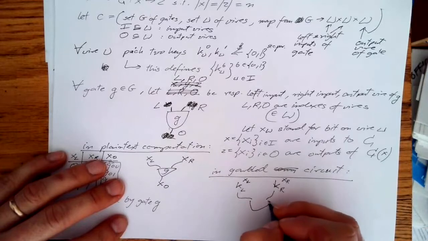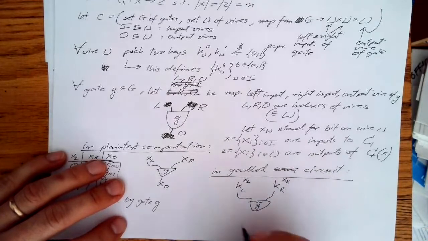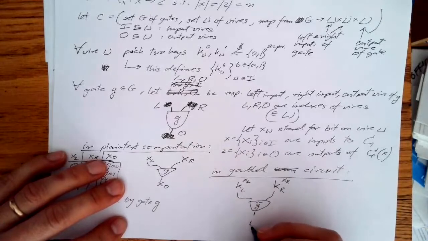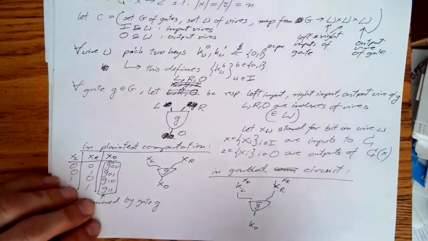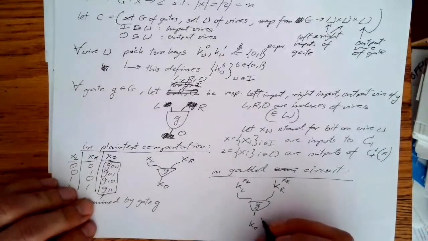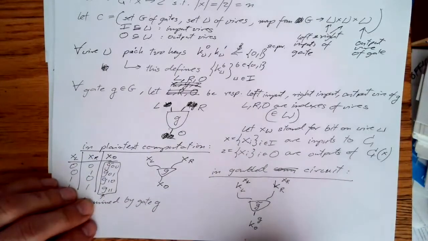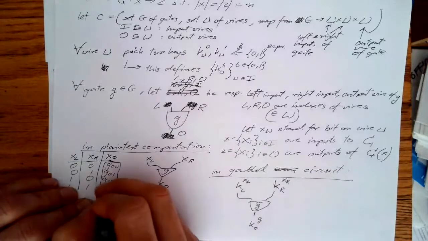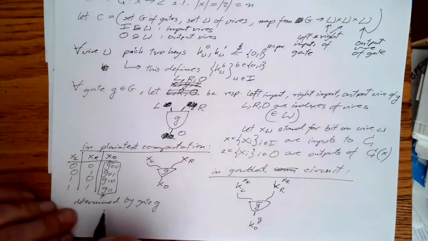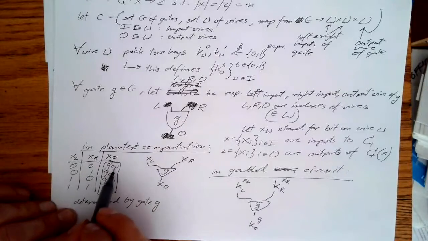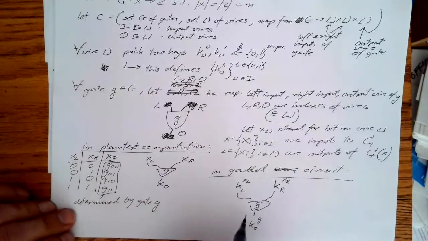What I will have here is not the gate, but the garbling of the gate. And what I want the garbling to give is the key on the output wire. Which one? The one that corresponds to the value of that gate at the proper index. And which index is the proper one?